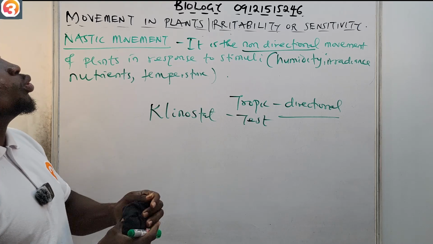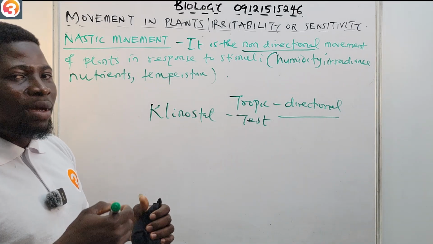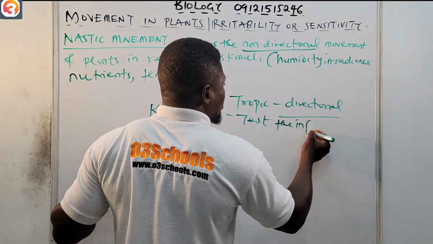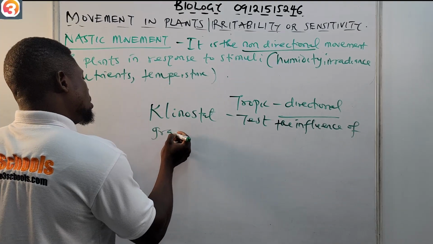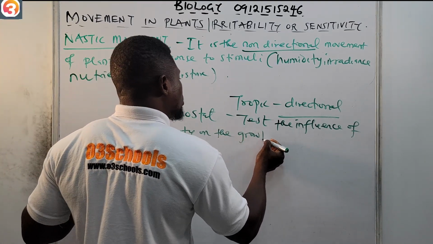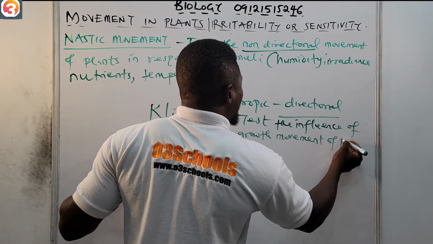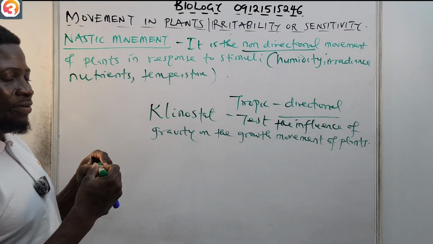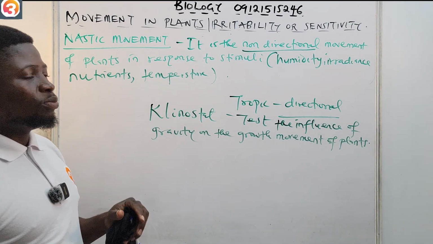It's a device used to test the influence of gravity on the growth movement of plants. Please take note of that. Clinostat is a device to test the influence of gravity on the growth movement of plants.